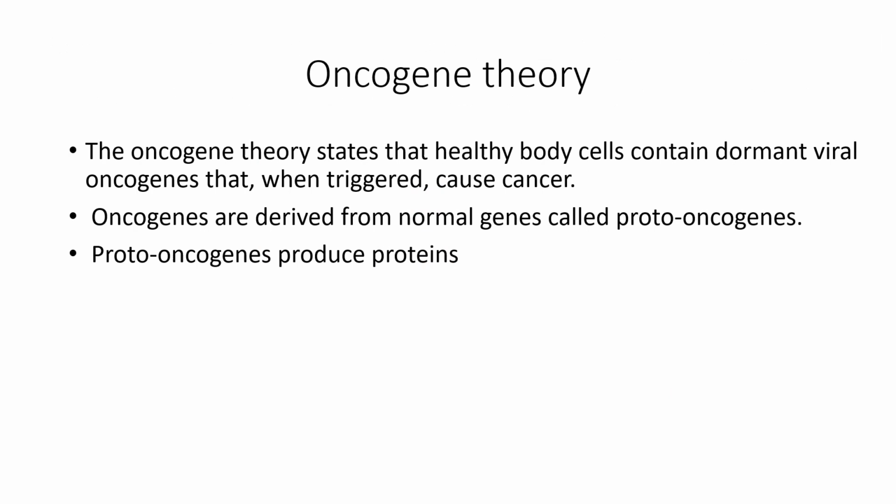It happens that this idea is related to the oncogene theory. The oncogene theory states that healthy body cells contain dormant viral oncogenes that, when triggered, cause cancer. Oncogenes are derived from normal genes called proto-oncogenes, and proto-oncogenes produce protein.